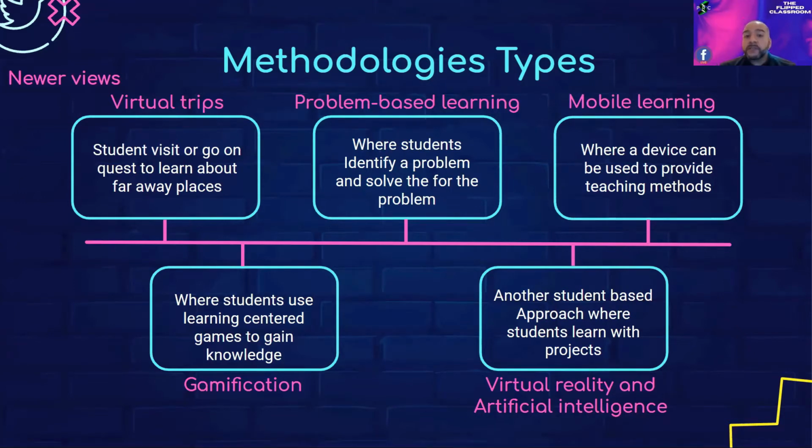Problem-based learning, where students identify a problem and solve the problem with a project or with an idea, a campaign. Entrepreneurship can be used, where they develop a project to sell something to better the community or solve a problem.